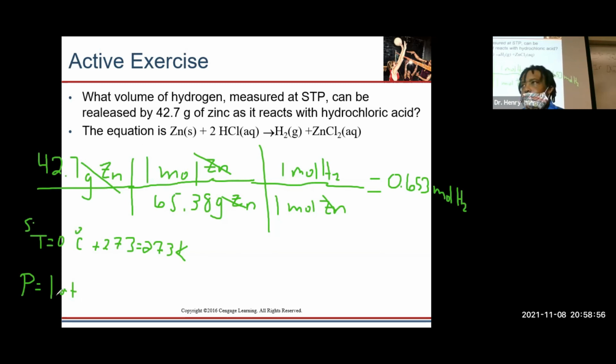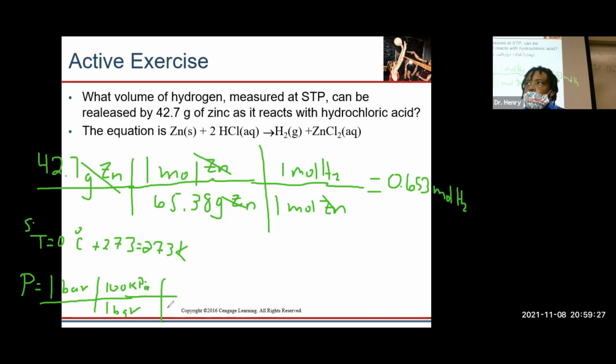Oops, and I keep putting ATM. My head is not working today. So we have to change that bar to ATM. So I know that 1 bar equals 100 kilopascals.